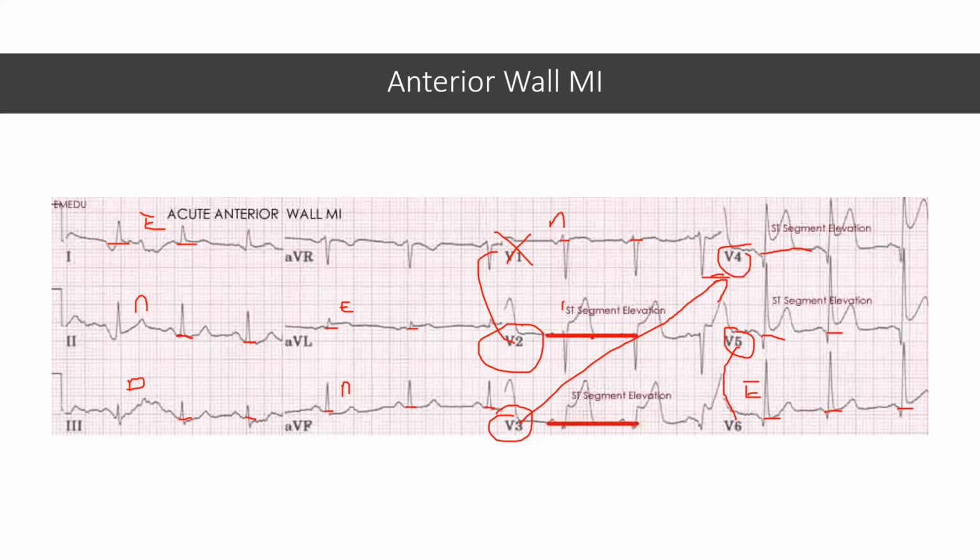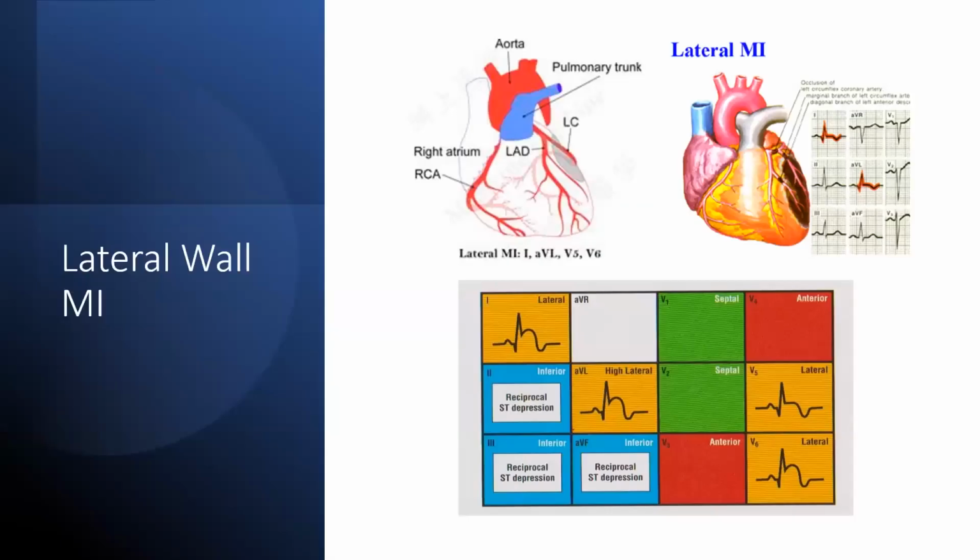All right, let's take a look at the next one, a lateral wall MI. Now, whenever we have a lateral wall MI, they can occur by themselves by showing changes in 1, AVL, V5, and V6, or they can occur in combination with other infarct patterns, such as in combination with the inferior wall or maybe the anterior wall. The lateral portion of the heart is supplied by the circumflex coronary artery, the left anterior descending artery, or a branch of the right coronary artery.